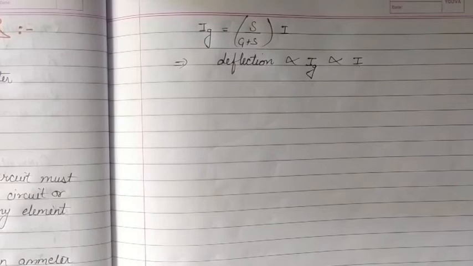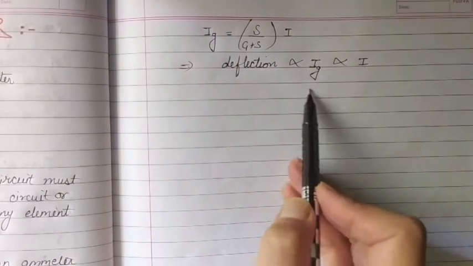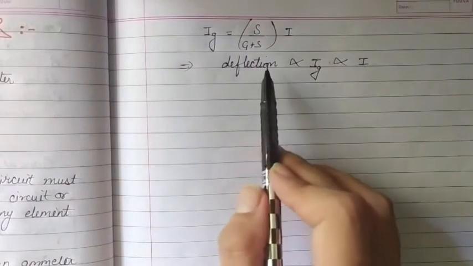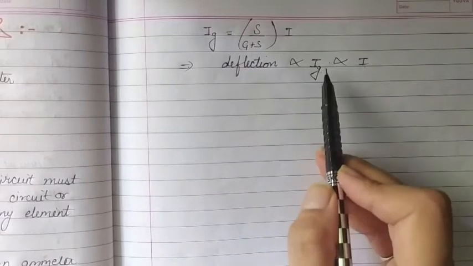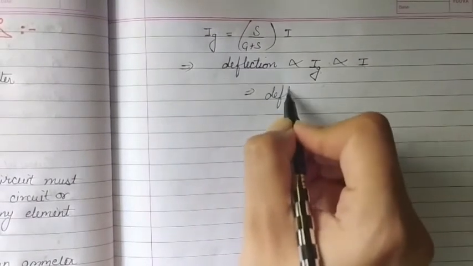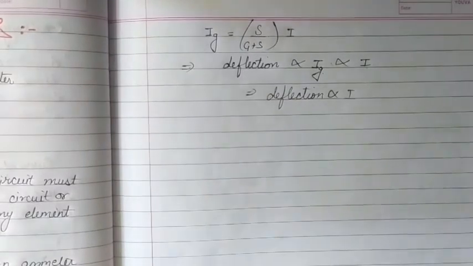There is not as such a problem to do that. The scale that we were using was measuring Ig, so we can adjust that scale to measure I, because deflection is directly proportional to Ig and Ig is directly proportional to I. That means deflection is also directly proportional to I.